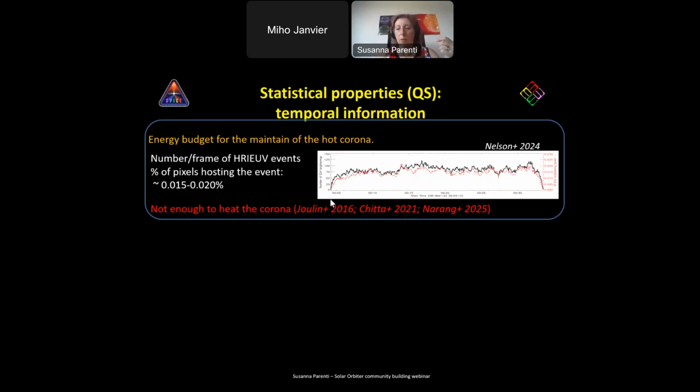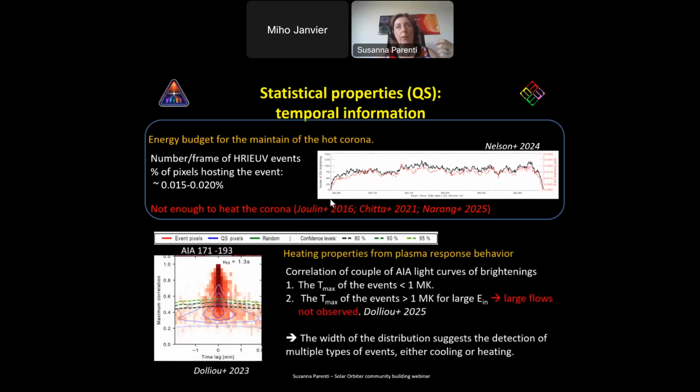And in this context, my former student, Antoine Dolliou, did his PhD in this frame, and the idea was to extract some thermal properties from these brightenings. To do this, in this first paper, he used the AIA light curves. So he identified the events in IRIS, went back to AIA, extracted the light curves and cross-correlated light curves from different bands.